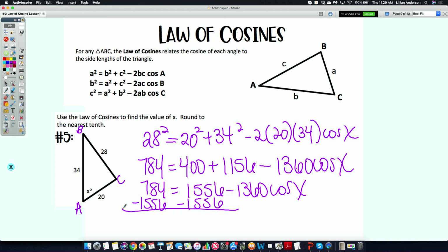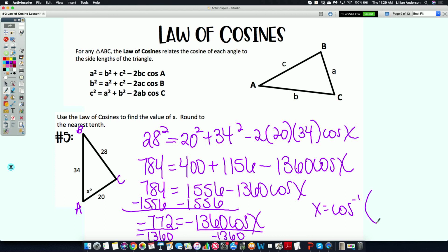What's 784 minus 1556? 772. How do I keep solving for x? Negative 1360. I divide. And then my last step is to do what? The inverse. A negative divided by a negative is a? So what's my angle?